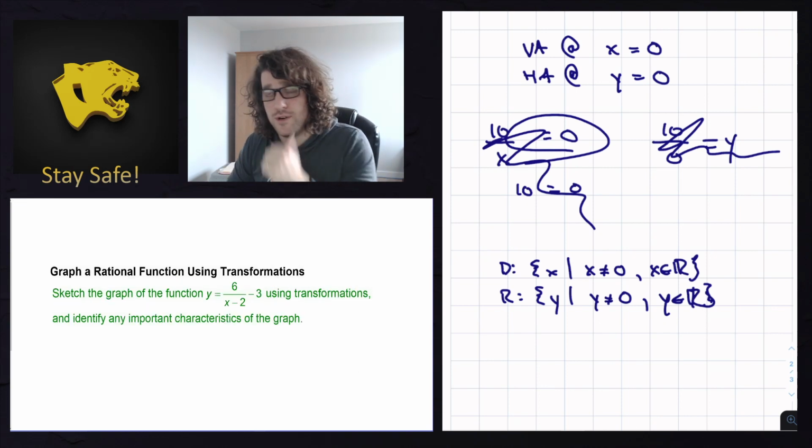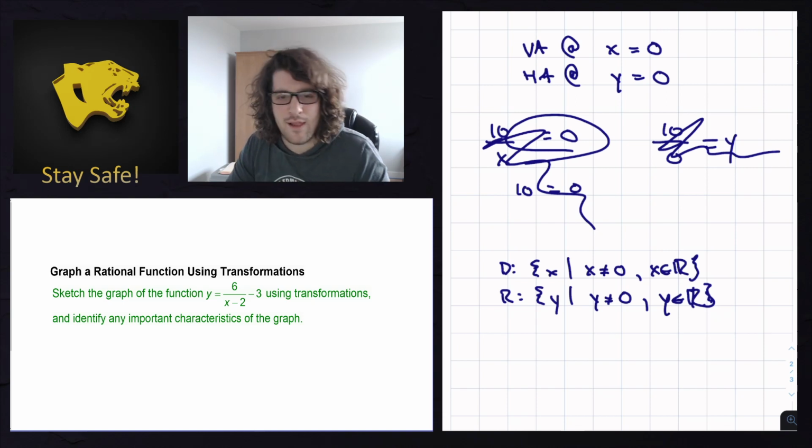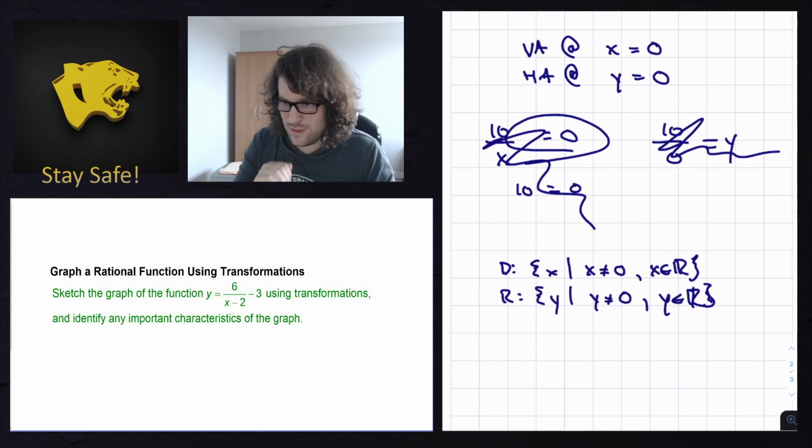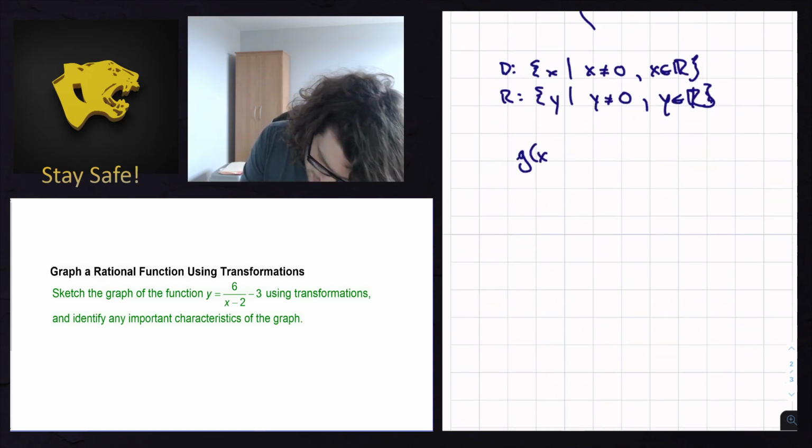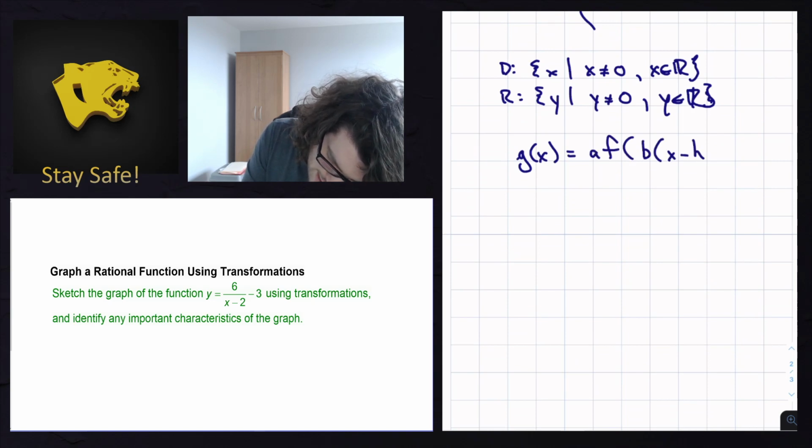This is a transformation. So if we go back to Precal A and we think about this form here. So g of x is equal to a f of b times (x minus h) plus k.